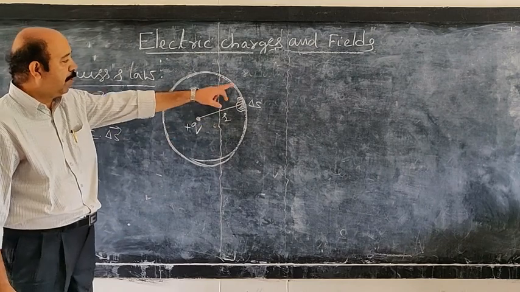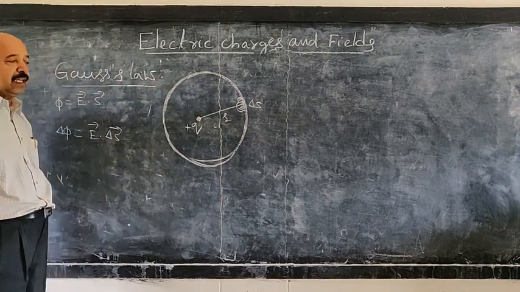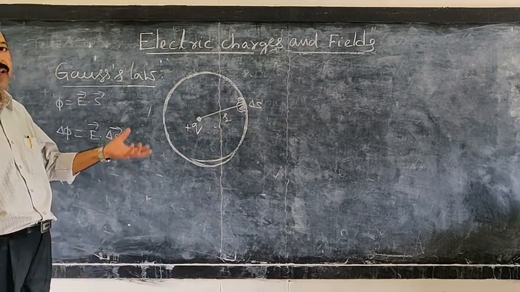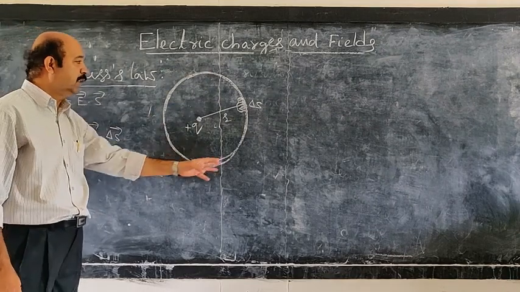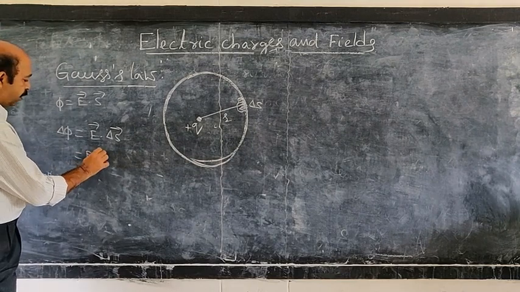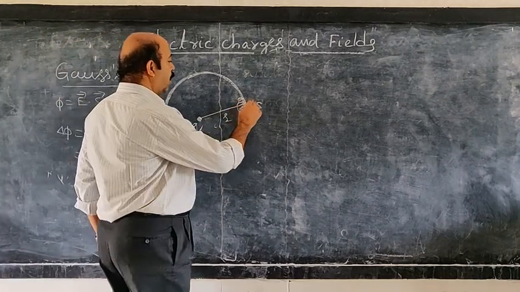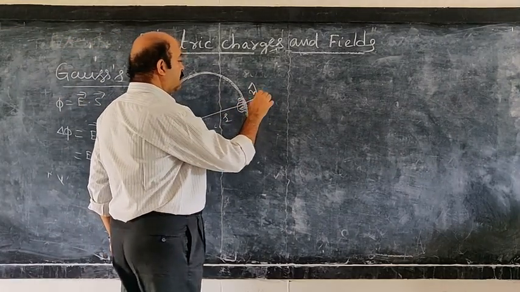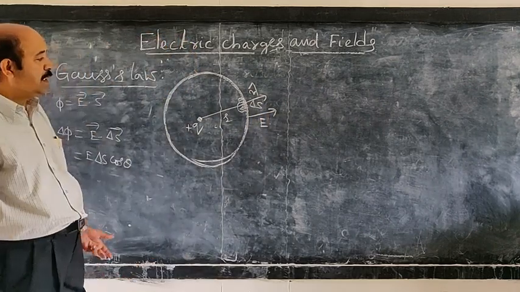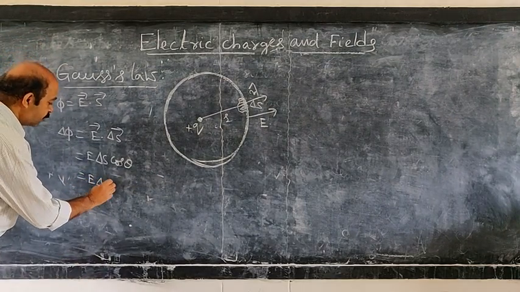We know at every point on the sphere the electric field is constant because all the points are at the same distance, and you know that electric field has a spherical symmetry. Therefore, at every point the electric field strength is the same, and this can be written as E delta S cos theta. But the normal drawn to the area element is in the direction of the electric field. Therefore, theta will be 0, hence this is equal to E delta S.